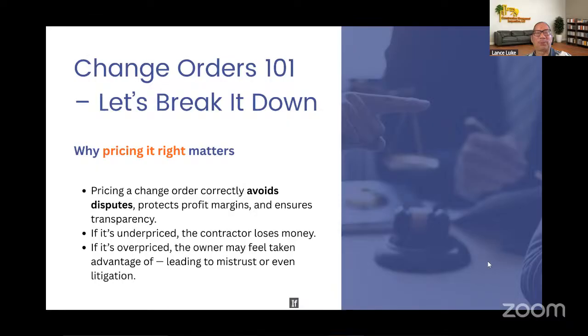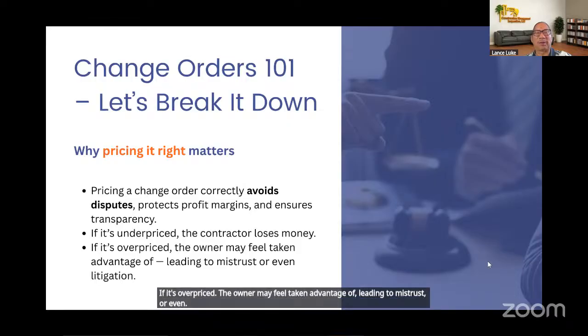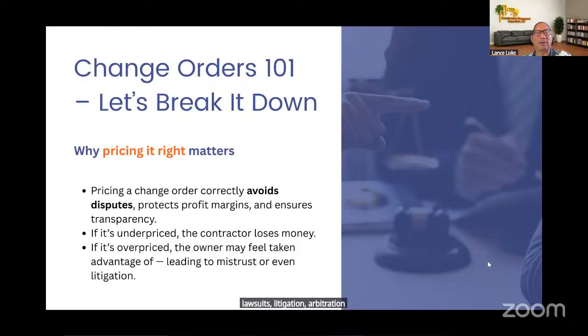If it's overpriced, the owner may feel taken advantage of, leading to mistrust or even lawsuits, litigation, arbitration, mediation. So in my $20 example, if the contractor charged $50 and the owner feels that it should have been $20, the owner is not happy because the owner's saying, look, I overpaid by $30 here.